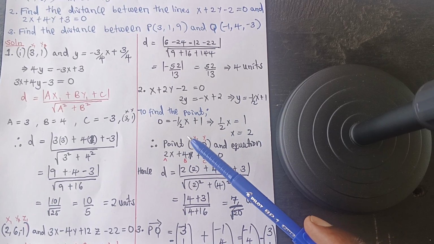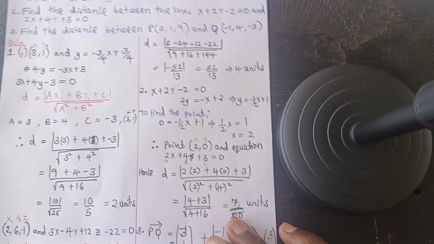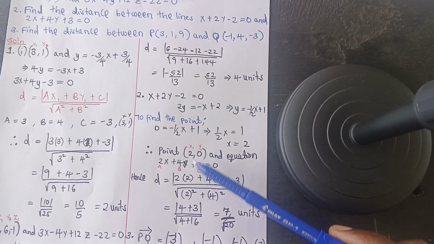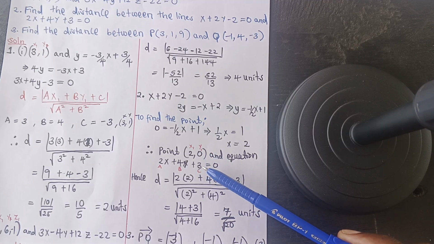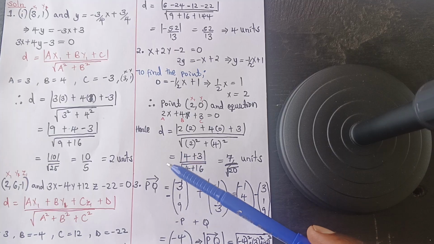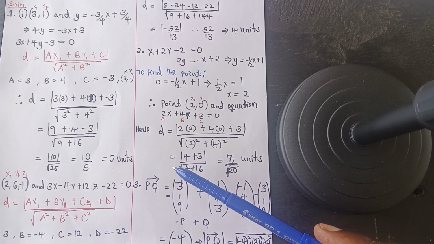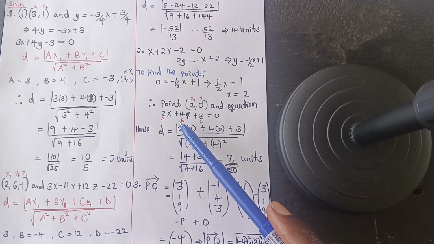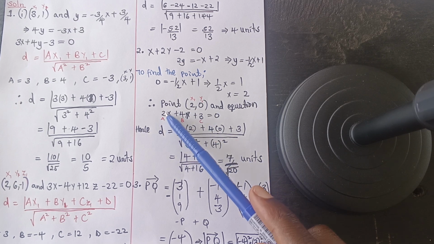This is the point. And the equation of the other line is 2x plus 4y plus 3. So you have the point and you have the equation. So directly we are going to apply the formula to find the distance between the point and the line. So from here, the value of a is 2.